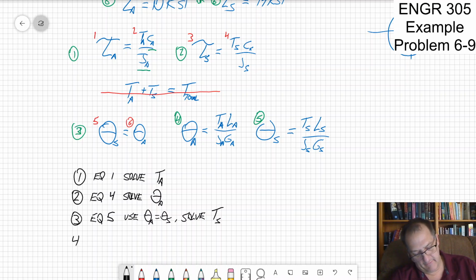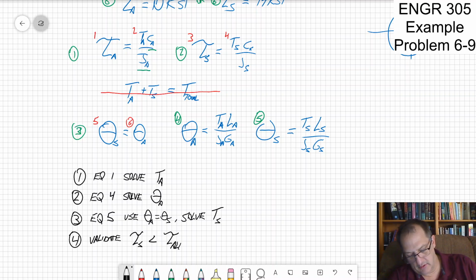And then 4, I'm going to validate the shear in the steel is less than the shear allowable. And if that's true, then I'm all set. If true, I'm done.